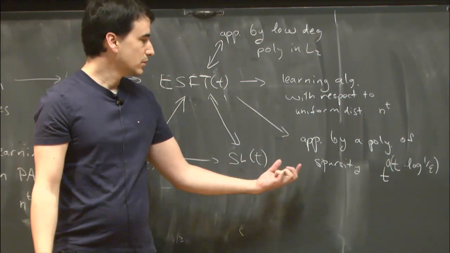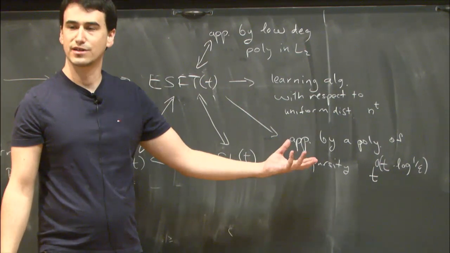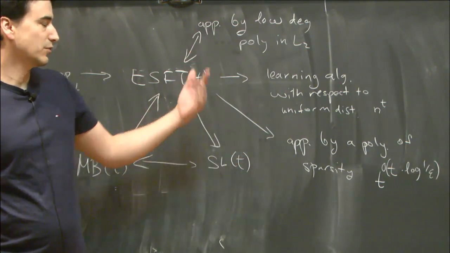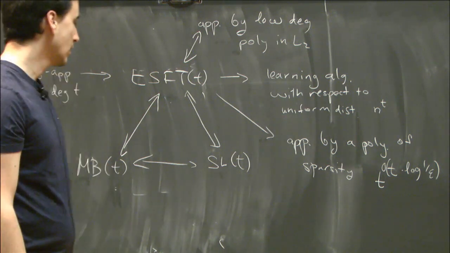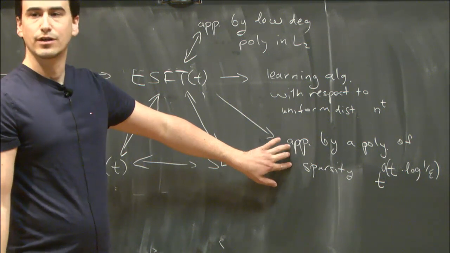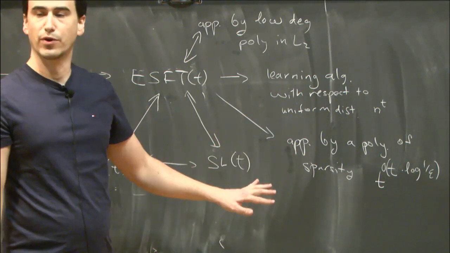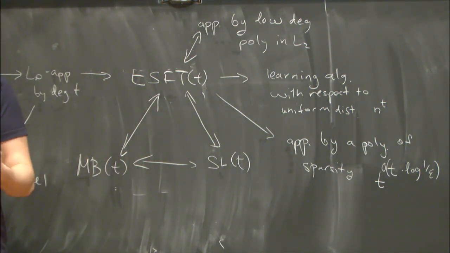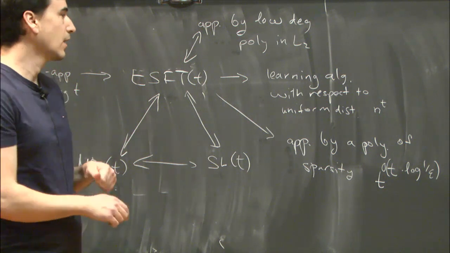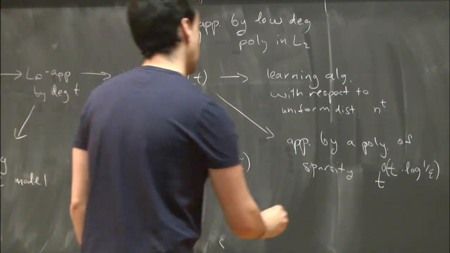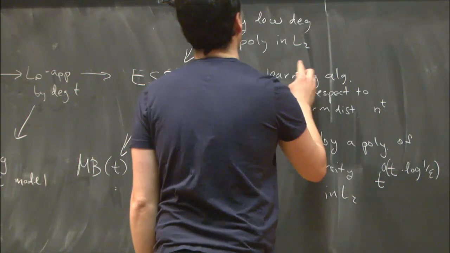So the number of monomials is much smaller than the trivial bound of n to the power of the degree. This also implies better learning under what is called the membership query model, when I can ask the black box a question and it gives me answers. This is in L2.